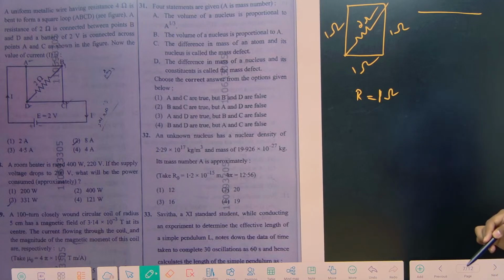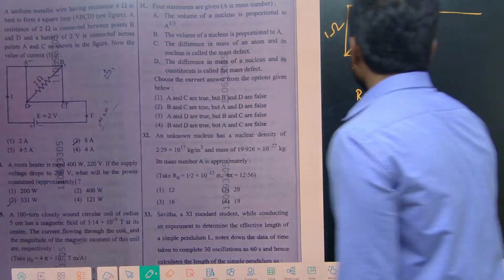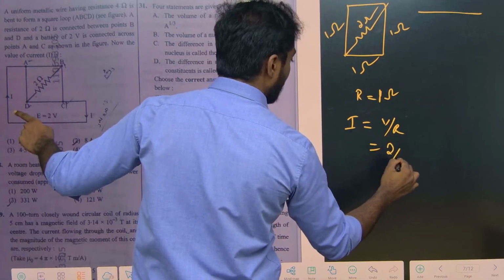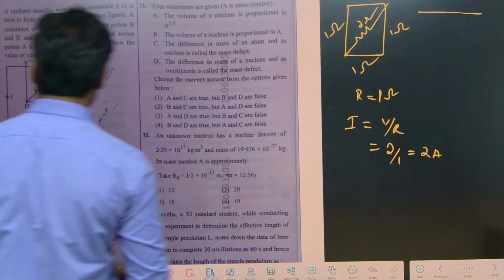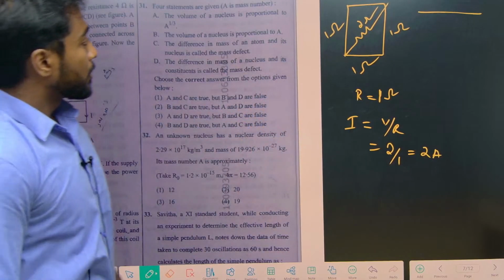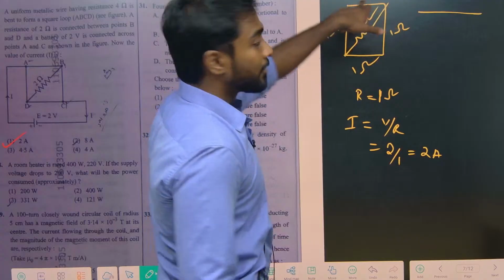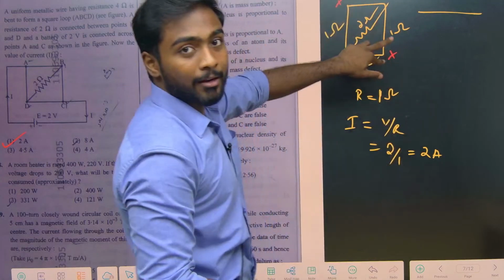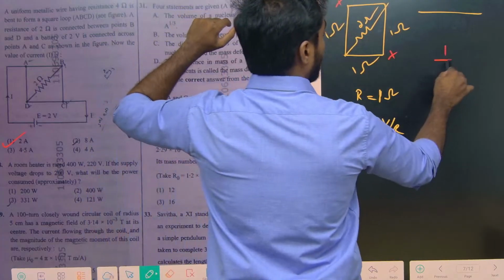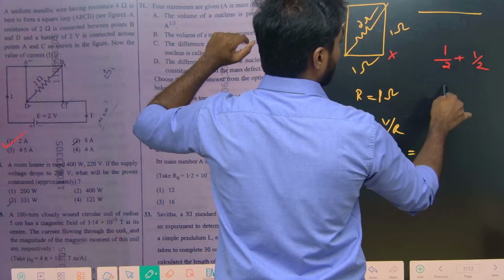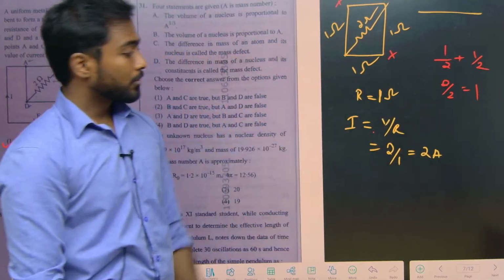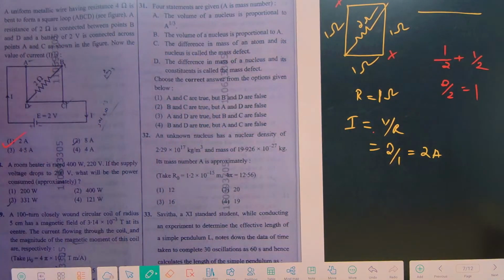Taking the reverse, again 1 ohm. And I is equal to V by R. V is 2 and R is 1, so the answer is 2 ampere.